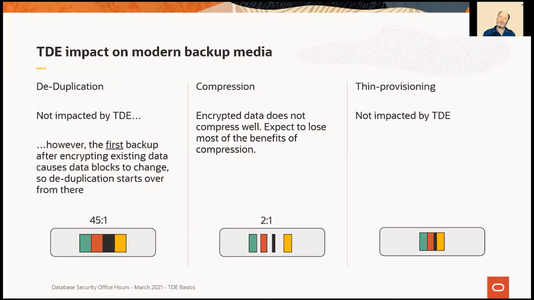Except when you initially encrypt your tablespace, every block in that tablespace is changed. Every single block goes from unencrypted to encrypted. When you do your next backup, your storage array sees, wait a minute, every single block has changed. I can't deduplicate because I don't already have this block.